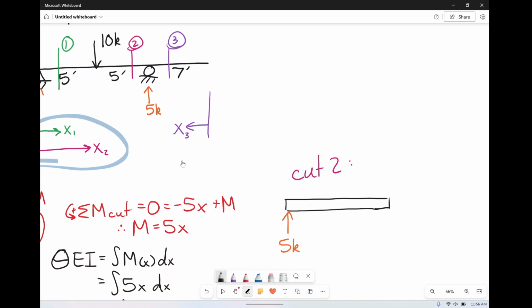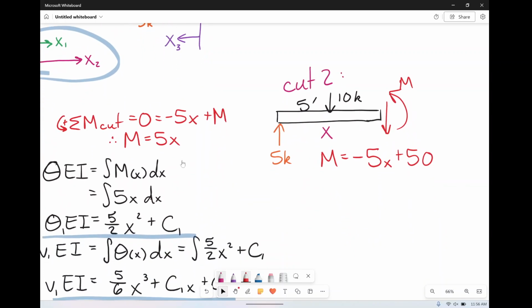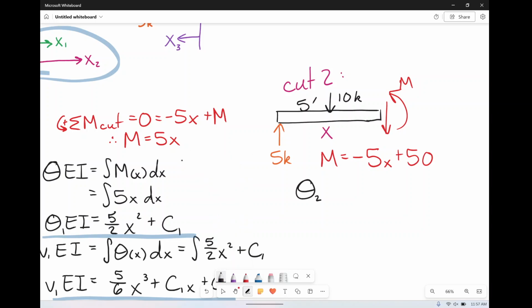And this time we have our 10 kip force, and that's 5 feet away, but technically across the bottom is all x. Again, we have shear and we have moment. So when you solve for that, the moment equation is going to be minus 5x plus 50. Okay, cool. So now when we take our integrals, this is going to be theta 2 times EI.